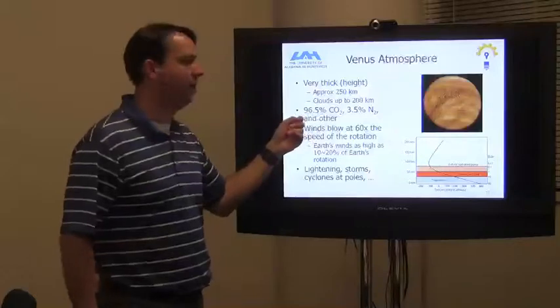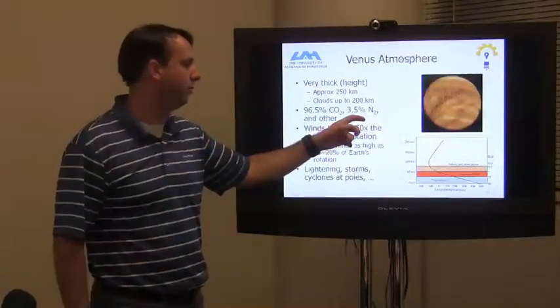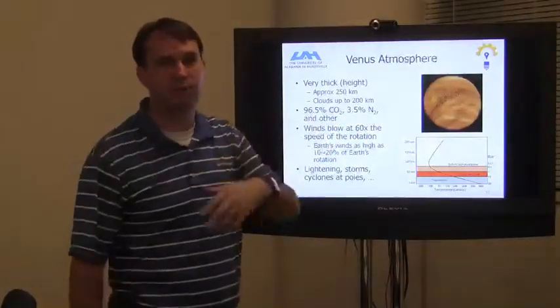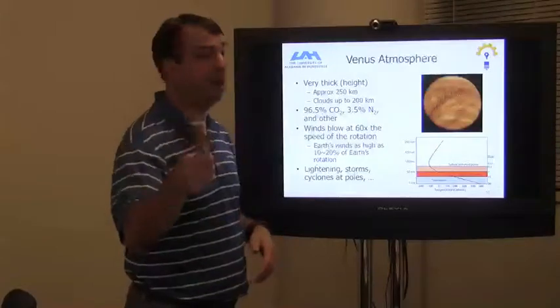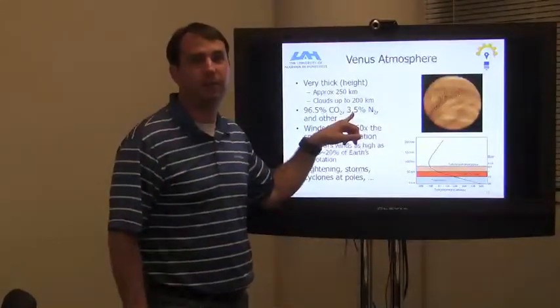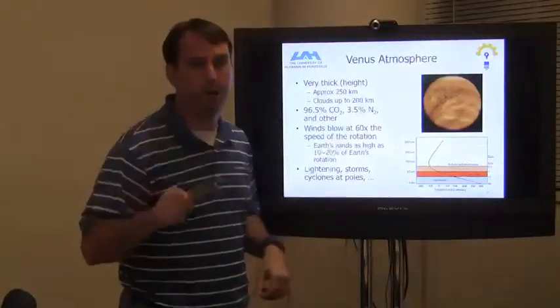Venus's atmosphere is basically all carbon dioxide. It's 96.5% carbon dioxide, 3.5% nitrogen, and then other stuff, oxygen and some stuff like that. The really funny thing is the amount of nitrogen in Venus's atmosphere almost equals the amount of nitrogen in Earth's atmosphere.